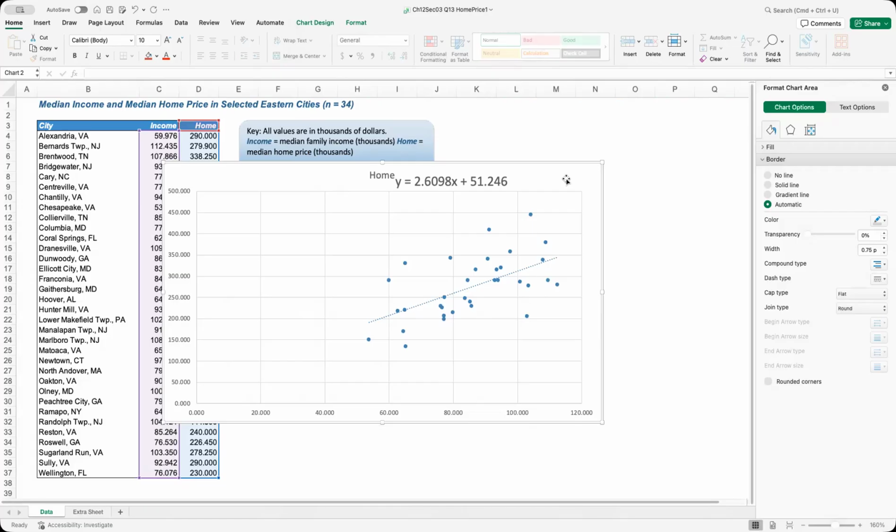What does that 2.6 mean? The y-intercept was 51.2 and the slope is positive 2.6.